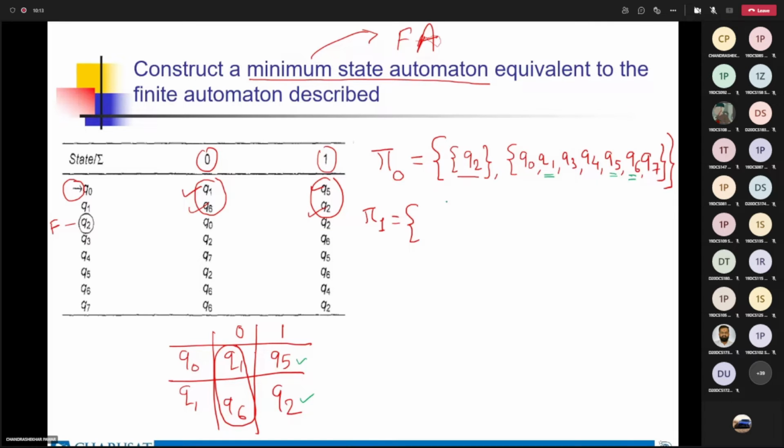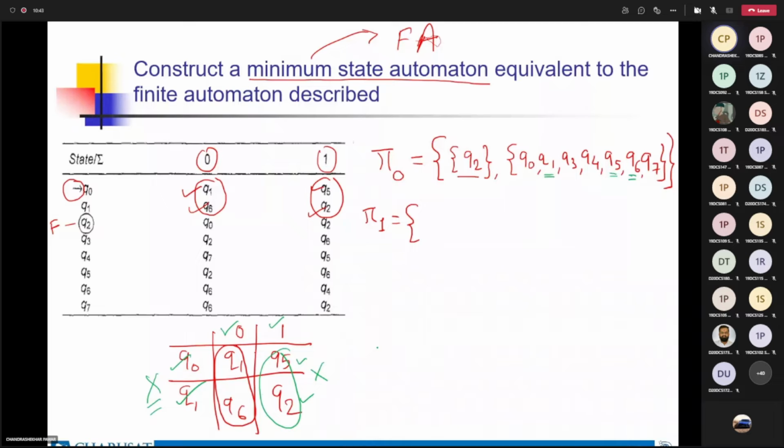So for both input transitions, for input 0 and for input 1, whatever the transition, both transitions must be within the same set. That is the condition of the equivalency. Q1 and Q6 are within the one set, but Q2 and Q5 are not within the one set. So they are not equivalent. Q0 and Q1 are not equivalent.